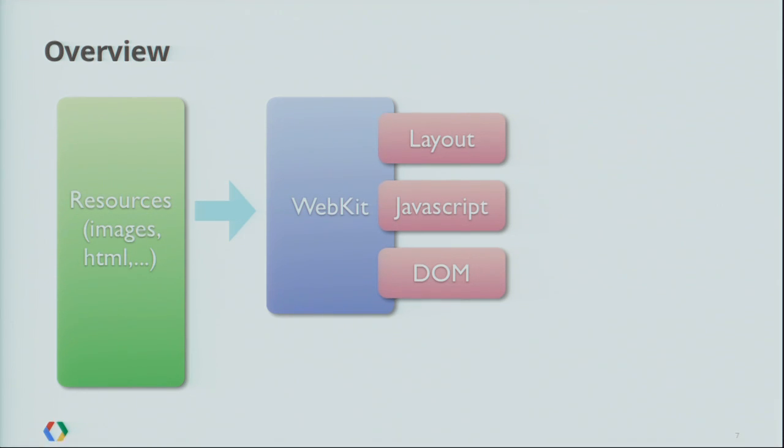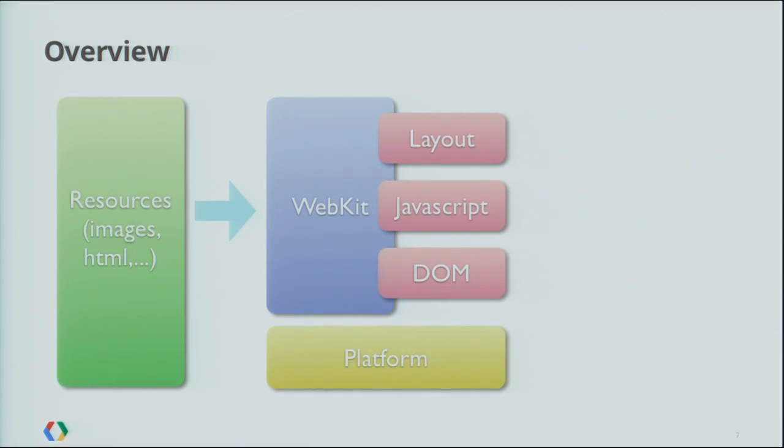So what is interesting to us is that WebKit is actually a very abstract engine, and the platform-specific bits and stuff like rendering are nicely put into the category platform. And from that, you can get the final rendering.